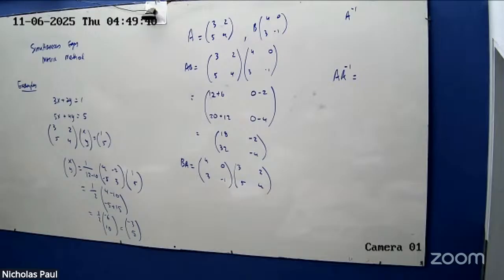The last part was to find A inverse and E by A inverse. I want to see somebody with E by E inverse.